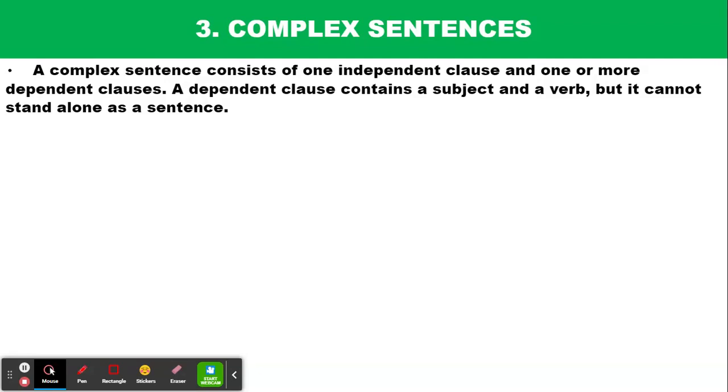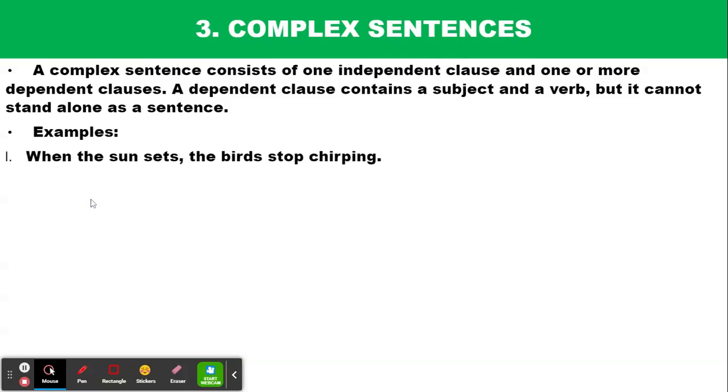A dependent clause contains a subject and a verb, but it cannot stand alone as a sentence. The name dependent means it has to depend on the main clause in order to express a complete thought. Otherwise, it is incomplete.